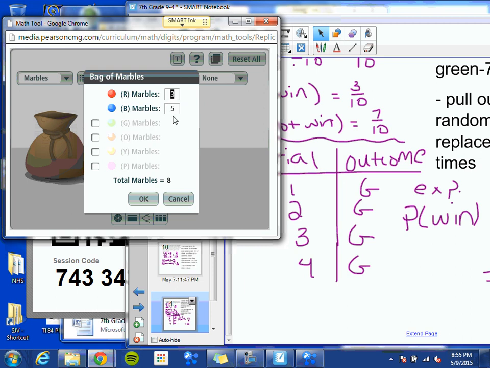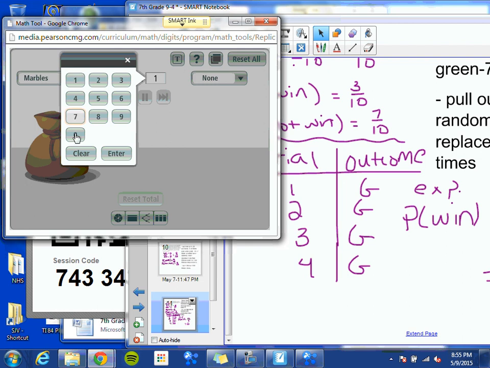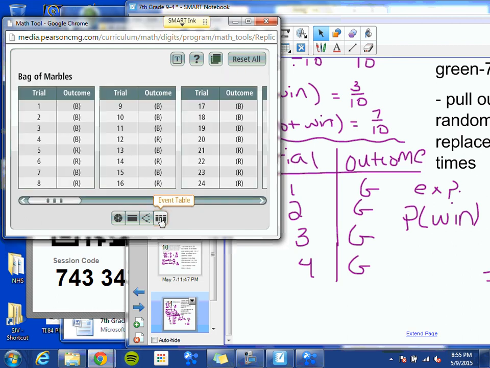So again, we had 3 and 7. And let's do 100 trials. And what we're going to do is I'm just going to skip to the end and look at our table. So we actually did get some red here, okay? We had some red a couple times.